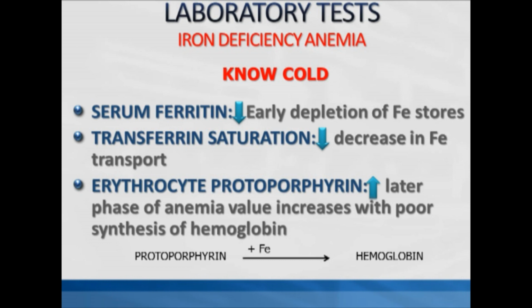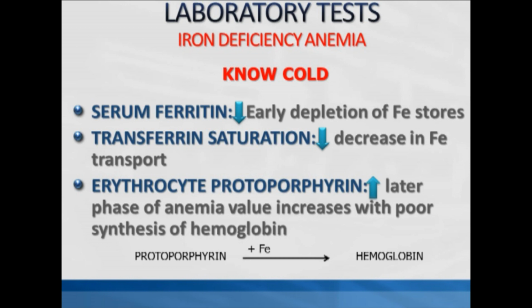So if there's insufficient iron, either in the reserves or released into the blood, as in the case of anemia of chronic disease, the protoporphyrin cannot combine with the appropriate amount of iron and become hemoglobin, so protoporphyrin levels actually increase. And this is the reason why we see erythrocyte protoporphyrin increase in concentration in anemia of chronic disease and also in iron deficiency anemia.